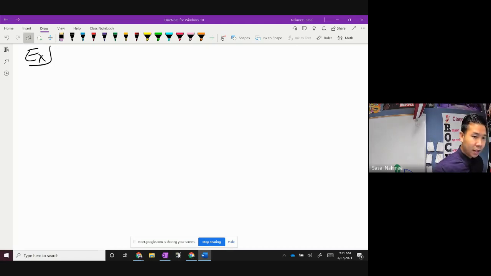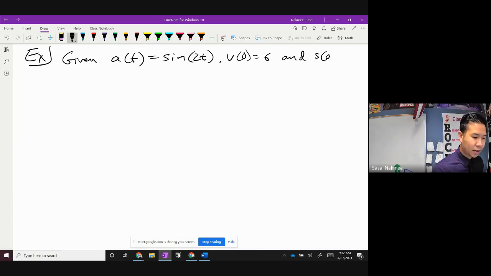Let's say we're given that the acceleration function is equal to sine of 2t, and the velocity at the start is equal to 6, and the position at the start is equal to -5.